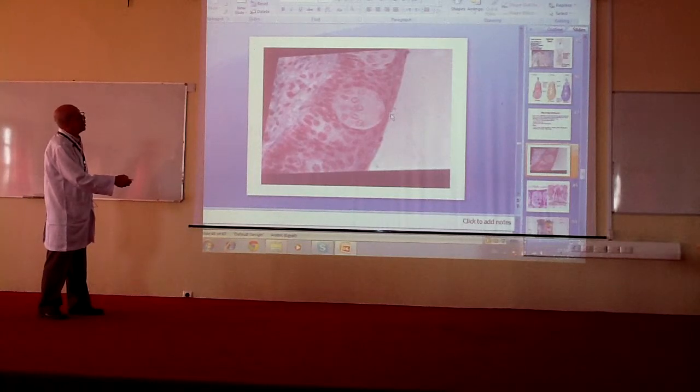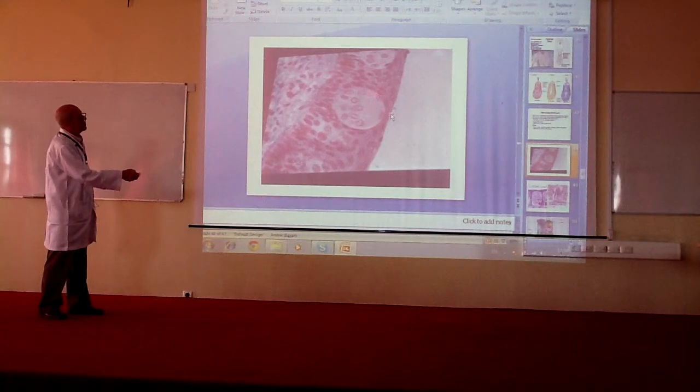By the way, its axis is perpendicular to the surface. These are the nuclei of the cells present: some of them supporting, some of them sensory, some of them basal.